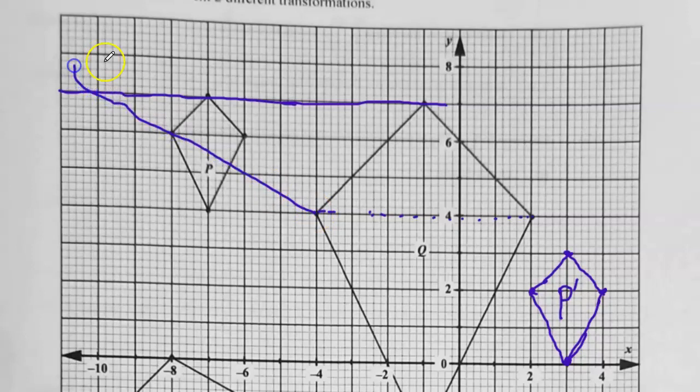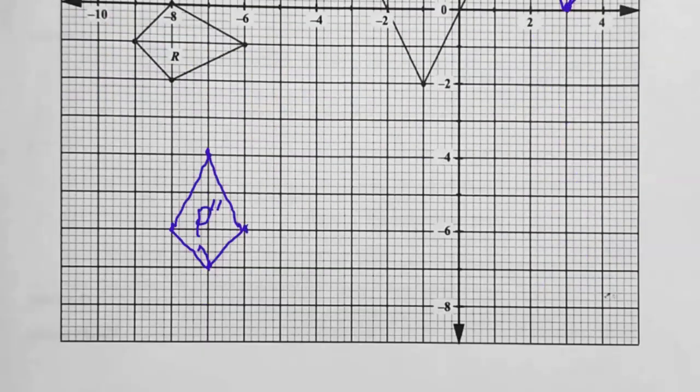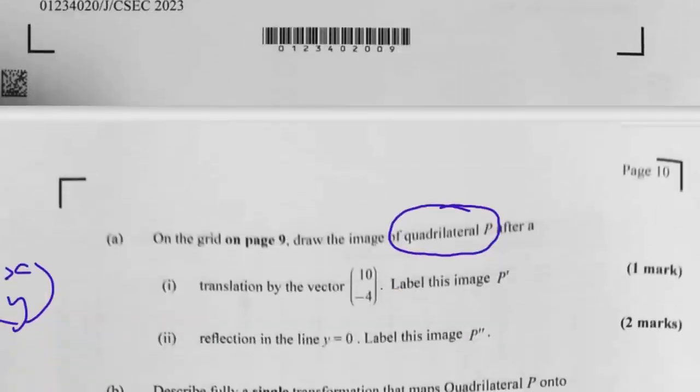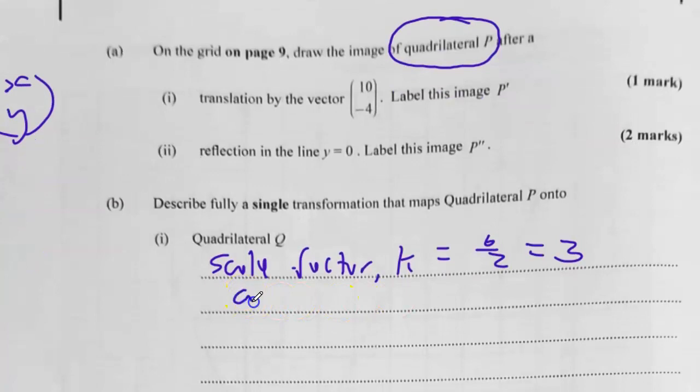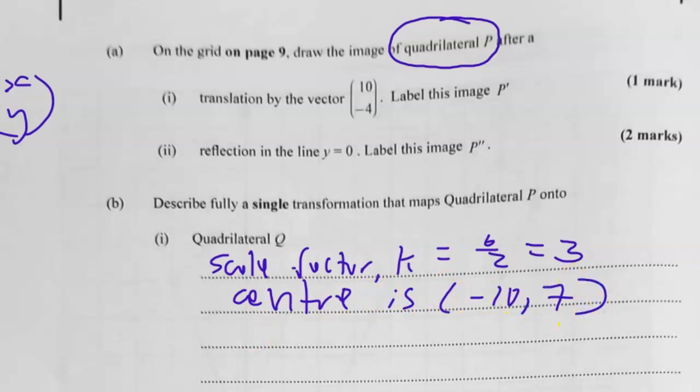Notice where these 2 lines intersect, this is the point negative 10, 7. So the center of the enlargement is minus 10, positive 7.